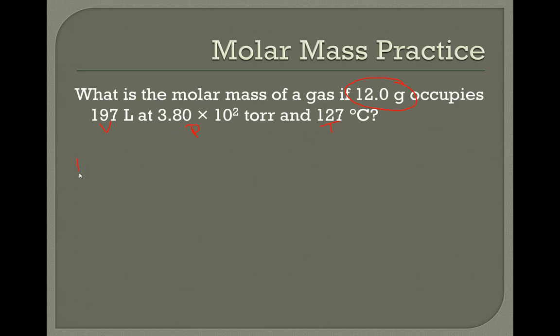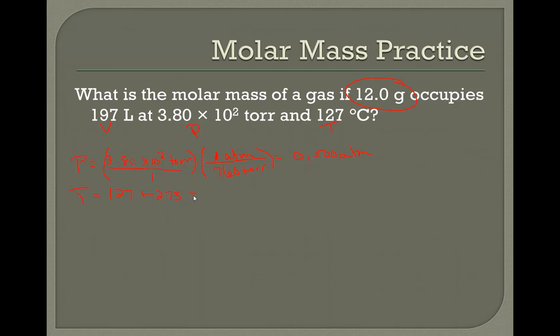We're going to divide 3.80 times 10 to the second torr by 760 to get into atms. And that comes out to be 0.500 atm. Our temperature needs to be converted as well. 127 plus 273 is equal to 400 Kelvin. The other units are fine.